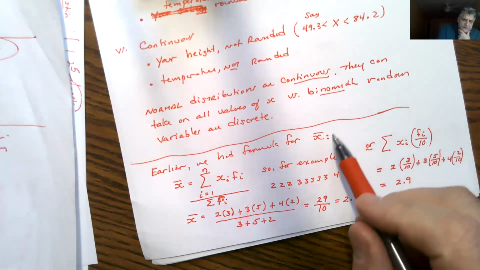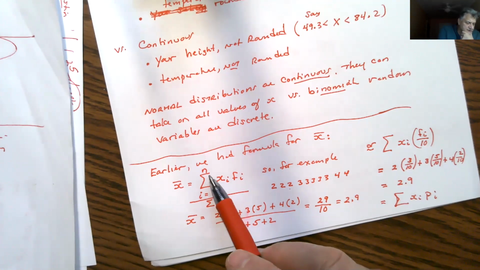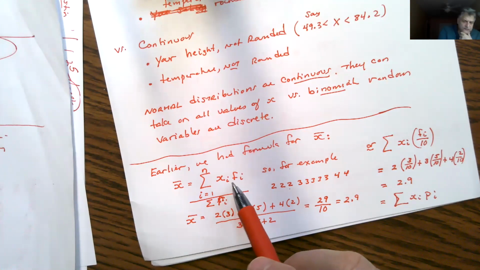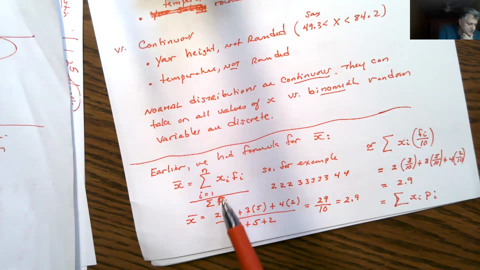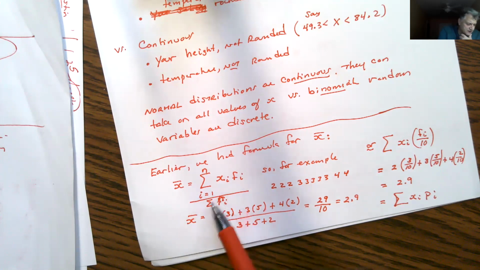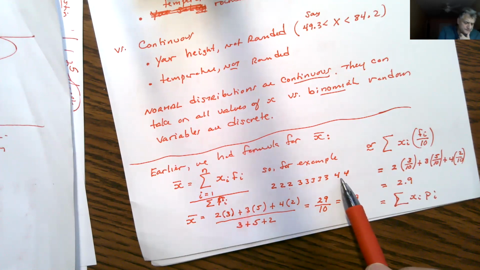Okay, now let's go back to some formulas we saw before. So we had a formula for X bar. Again, this summation notation, if I have a frequency table, it's your Xi times your frequency, and then that's divided by the total of all the frequencies. So for example, say you have these numbers here.